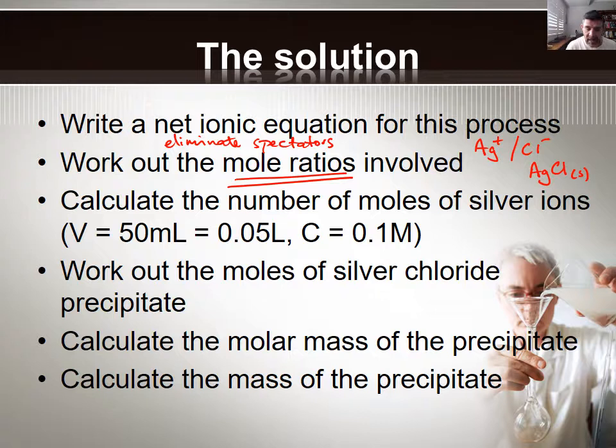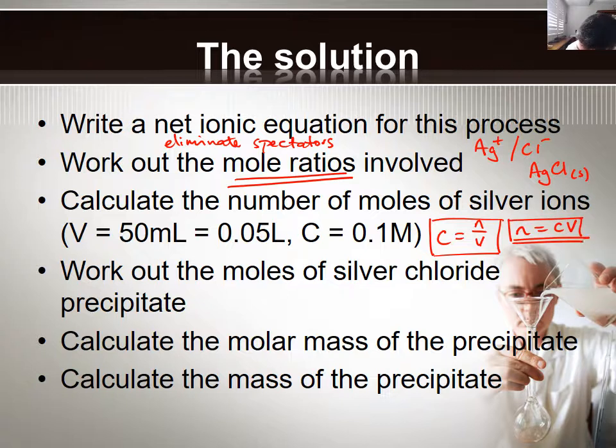Then we use our C equals n on V formula to calculate the number of moles. So in this case, n equals CV. Remember, your name is the most important part of your CV. So an easy way to remember that formula, or at least another way. From that, we work out the moles of the silver chloride precipitate. So we just use the mole ratios to do that.